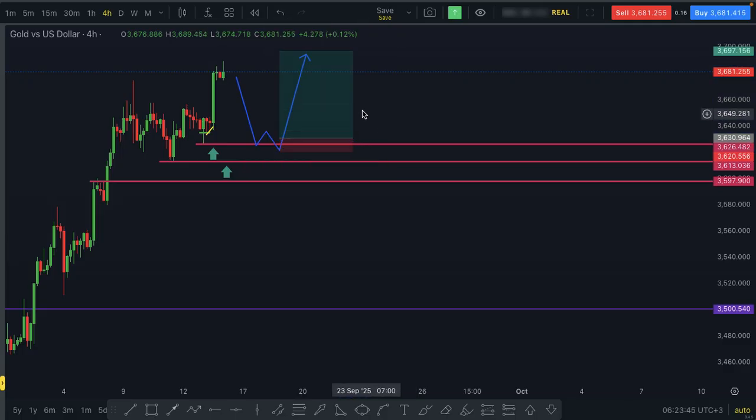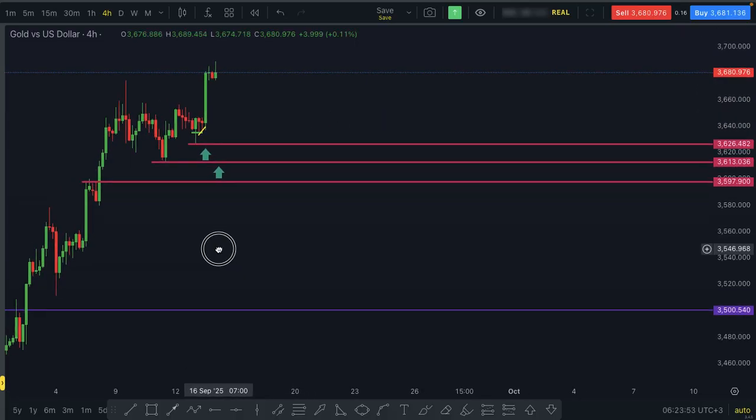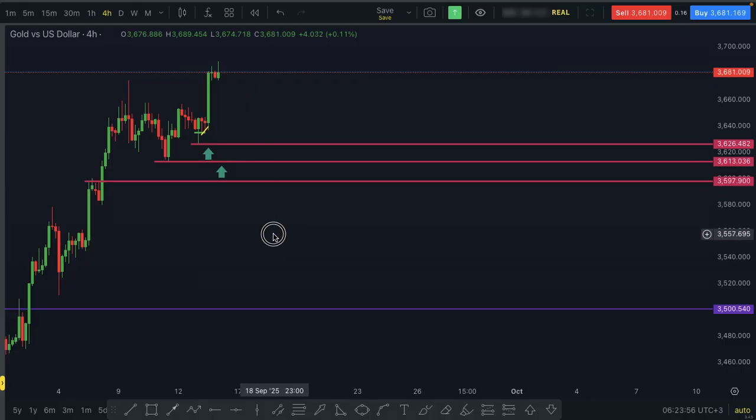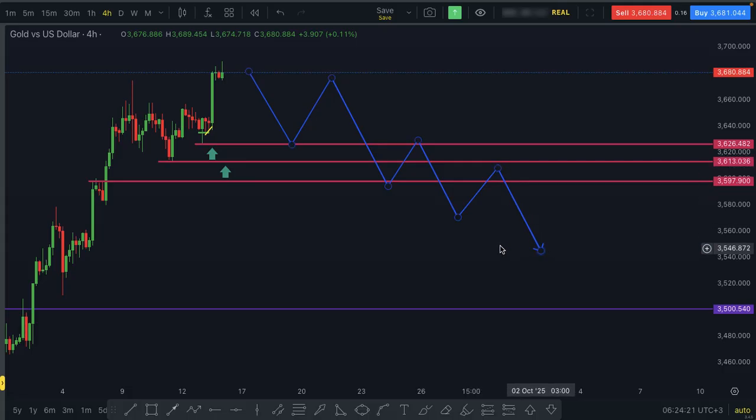You might be wondering why I'm very bullish on this pair. It's because the market hasn't given me any direction otherwise. If it gives me some equal highs around here, and then it drops, giving me two lower highs and two lower lows, then maybe I might reconsider selling the market.